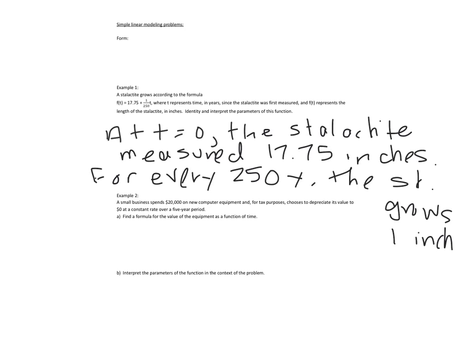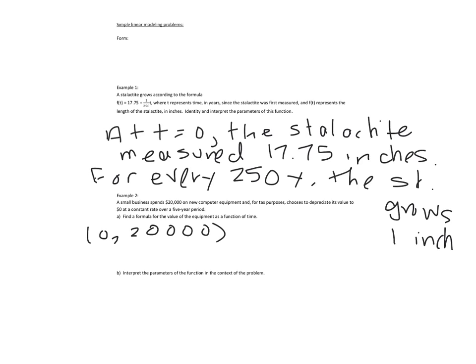And so I know that at time 0, when the equipment was first purchased, the cost of the equipment was $20,000. So I'm going to make an ordered pair here that says at time 0, the value of the computer was $20,000.